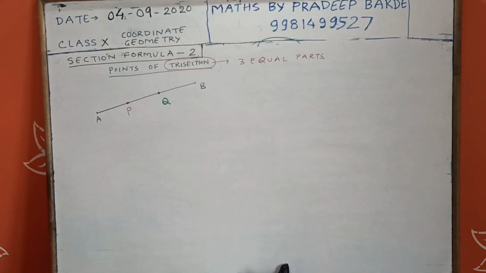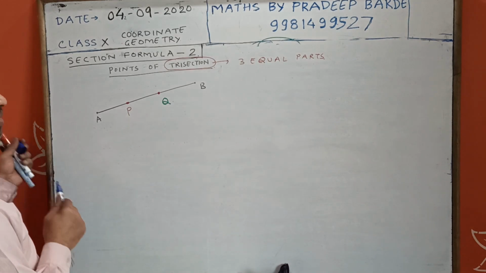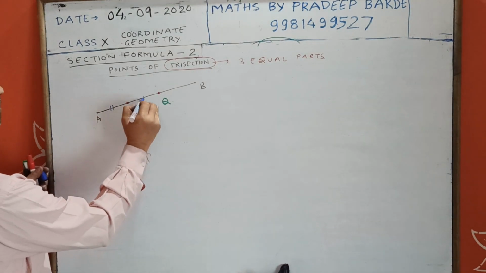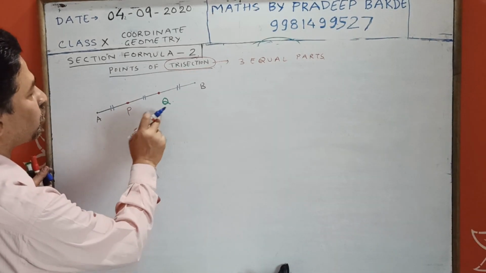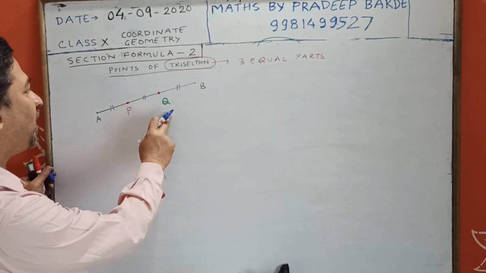Now here as we have divided it into three equal parts, means these three parts are equal. So when we take the ratio now, अब section formula apply करेंगे.